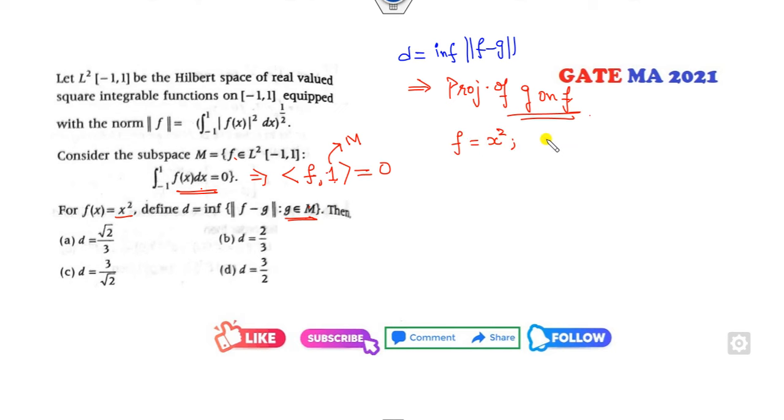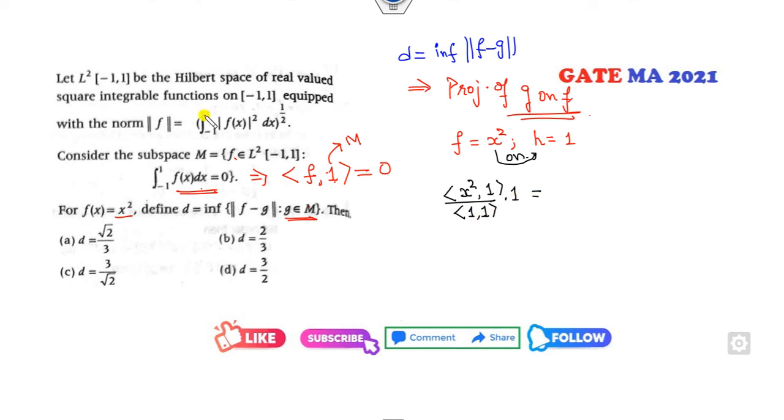The other value will be my 1. If I call this h, my target is to find the projection of this on 1. So the inner product is x square into 1 over 1 comma 1 into 1.